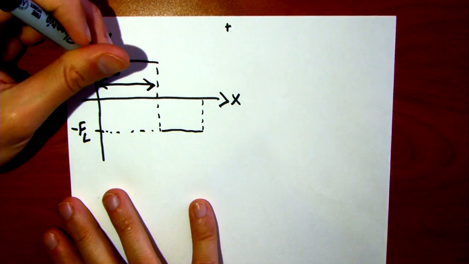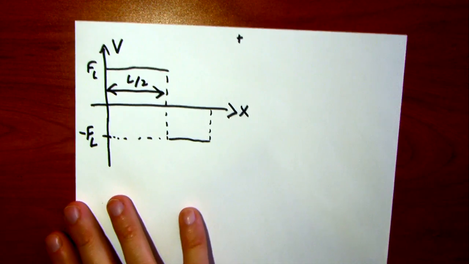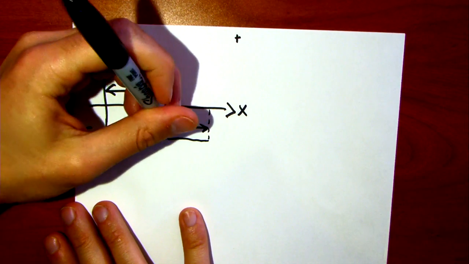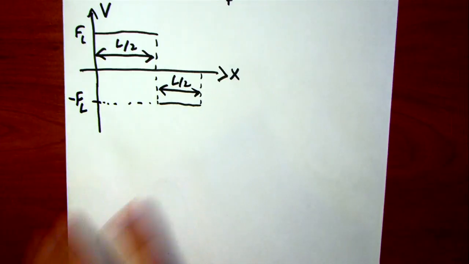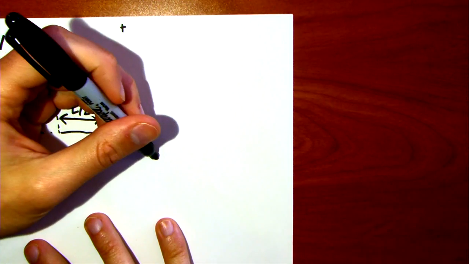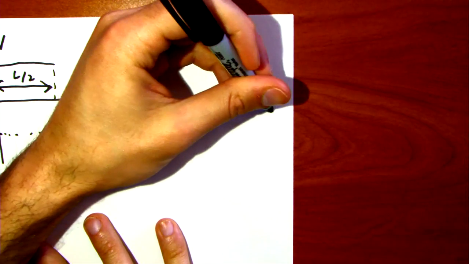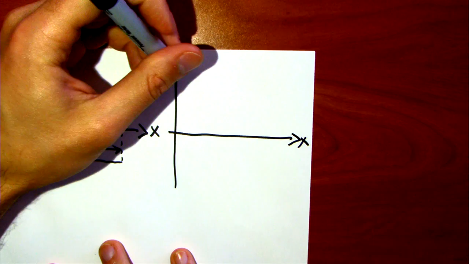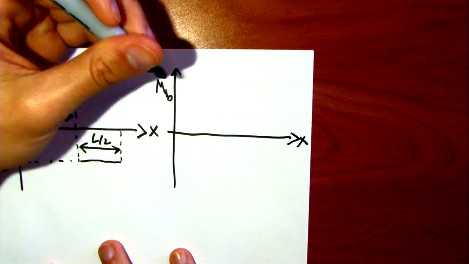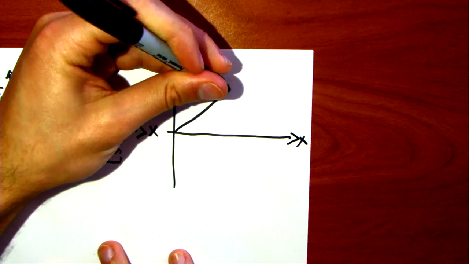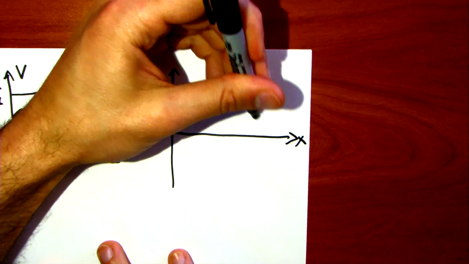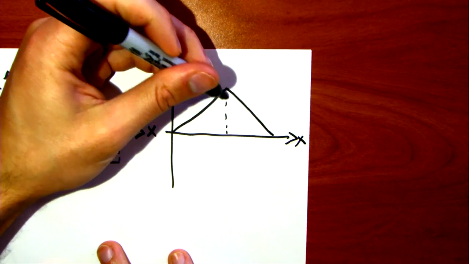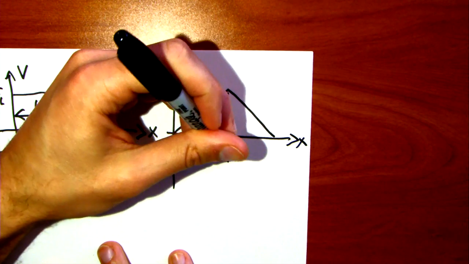This distance here is L/2, and this is L/2. Similarly, I can draw my bending moment diagram. And I know that it's going to go up linearly and then back down to 0. That's L/2 in the center there.